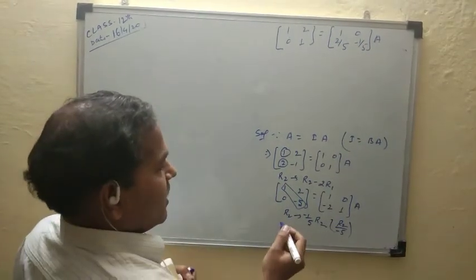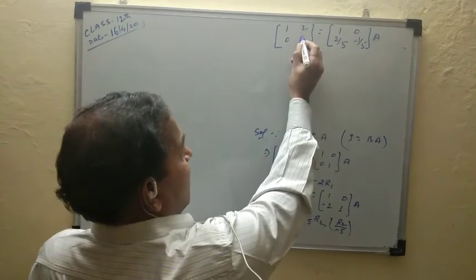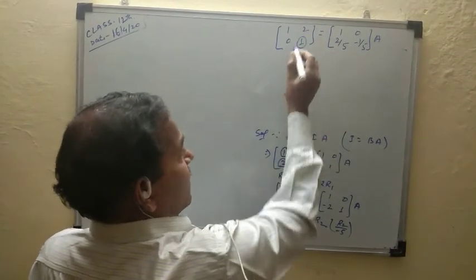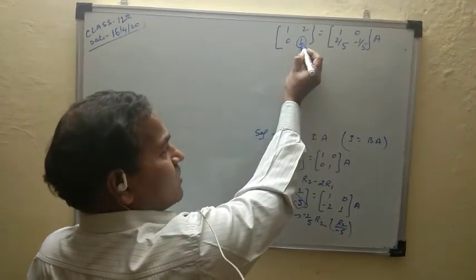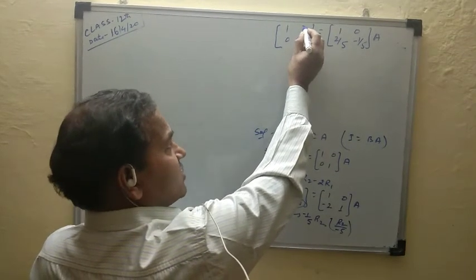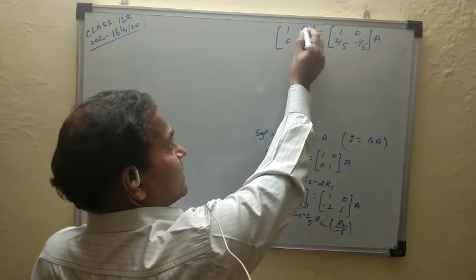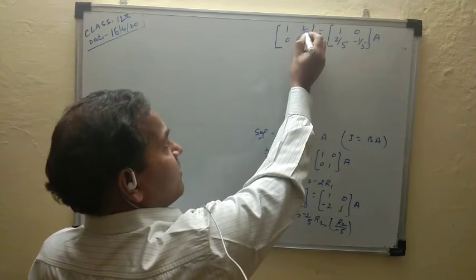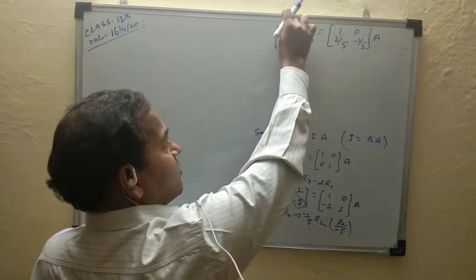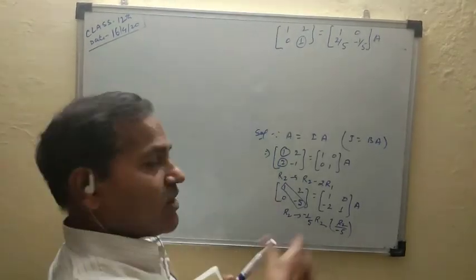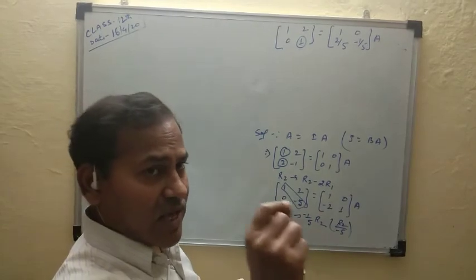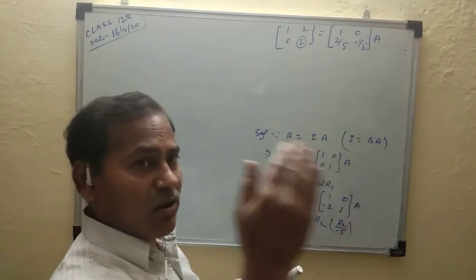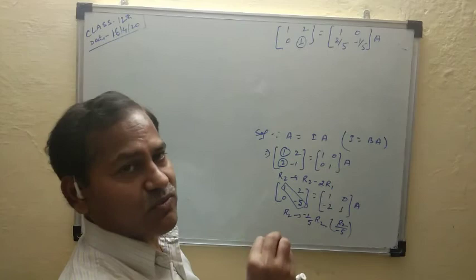Now make the upper element 0. Since R2 now has 1, using this R2 we change R1 and make the second entry 0. Diagonal elements are first made 1, and then the upper and lower elements will be 0.